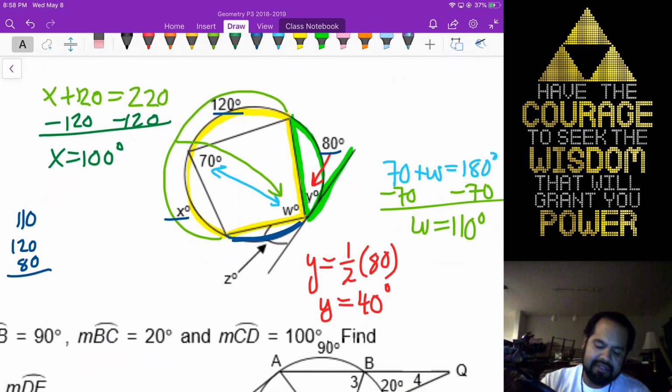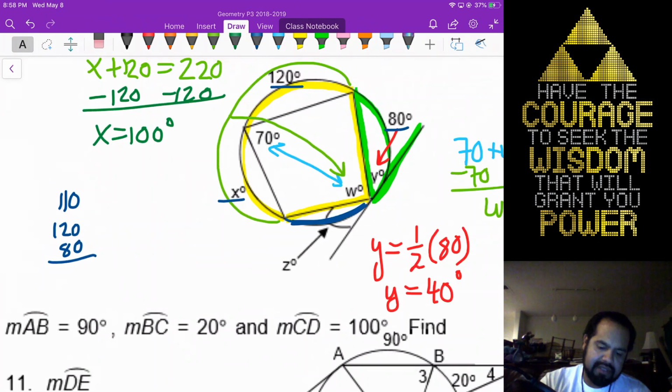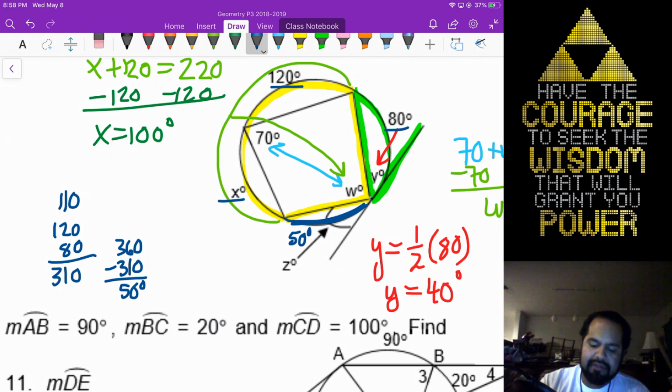Right, so that's going to give us 120 and 80 is 200, 310. So 360 minus that gives us 50 degrees. So this arc here is 50, and to go to the angle, remember we're going to take half of that. So z equals 1/2 of 50. So then there's our 25 degrees.